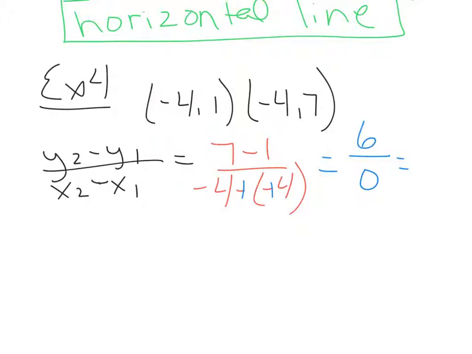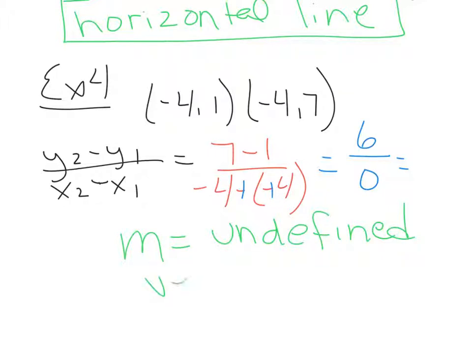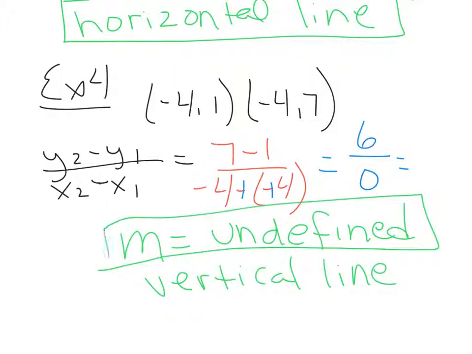This slope, and that's what M is, is undefined. And what kind of a line has an undefined slope? That's a vertical line. Again, this is only the required information, but a lot of professors and teachers will give some extra credit. You show you know a little bit more, that will be fine.